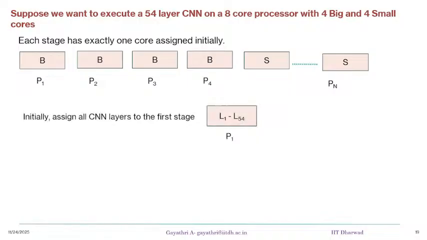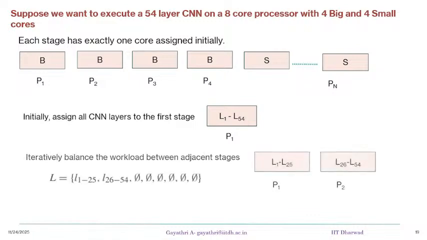And then we first assign all the layers to the first stage. After that, we want to balance this work across all the stages, because the slowest stage determines the throughput, so we want to make sure that all of them finish at almost the same time.